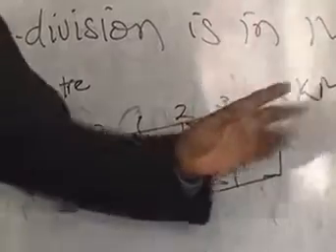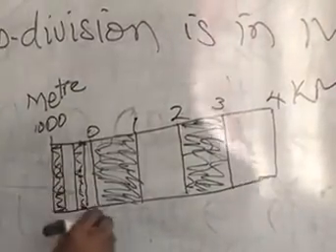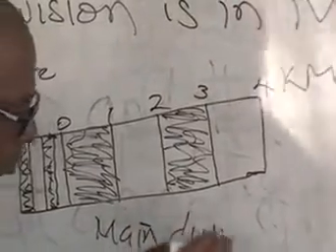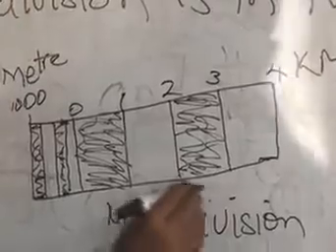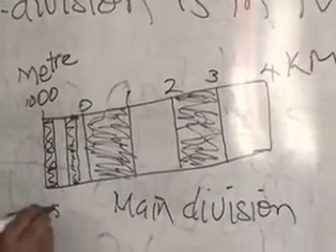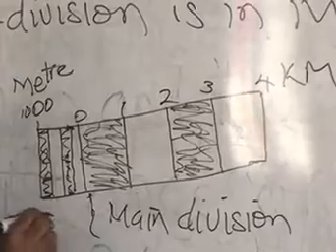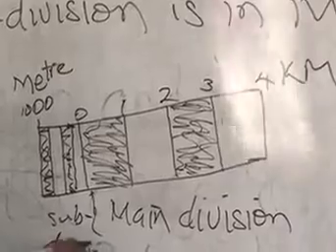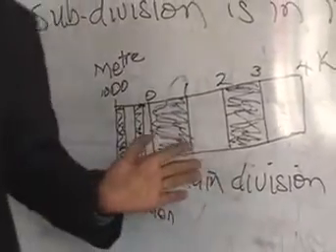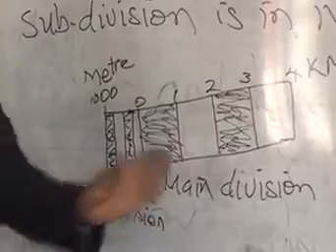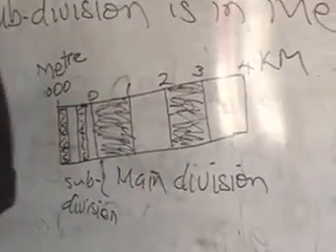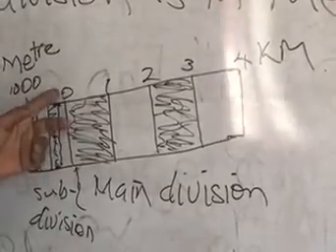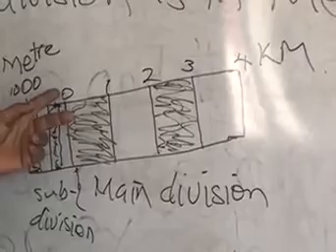From 0 to 4 kilometers, this is the main division. This main division is used to measure distance in kilometers directly. Any fraction remaining is transferred to the subdivision to know the distance in meters.